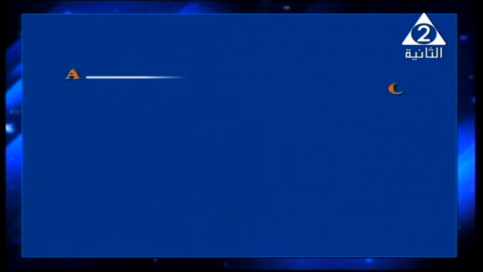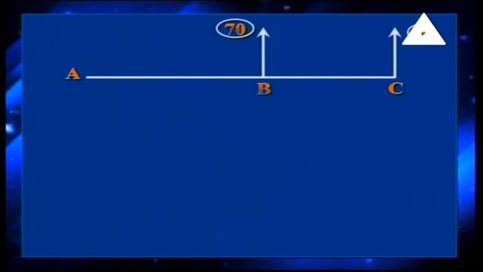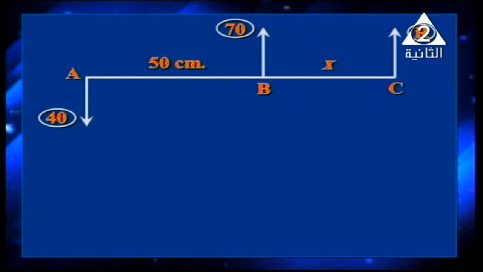Look at the second case, my dear student. AB equals 50 centimeter. BC, suppose its length is x. We have two forces, 70 and 40.